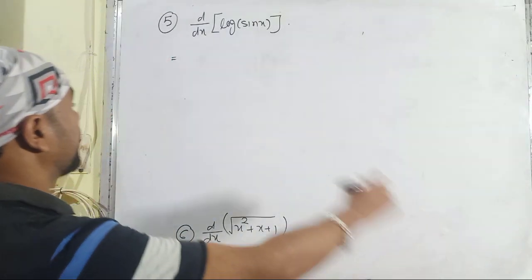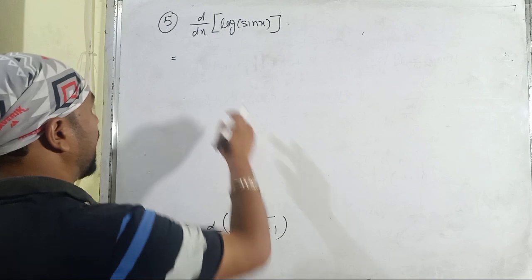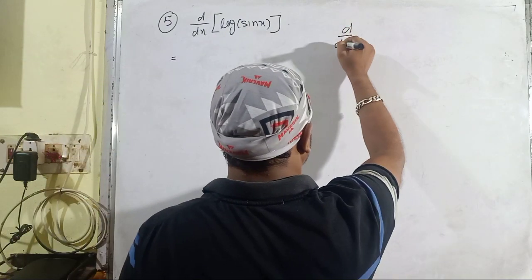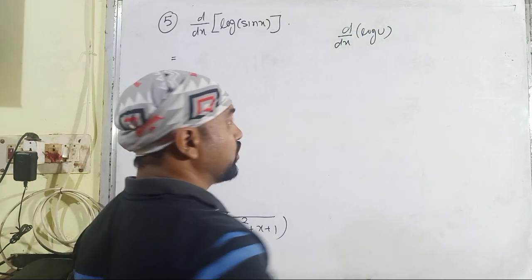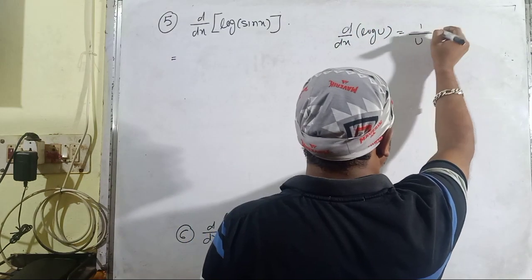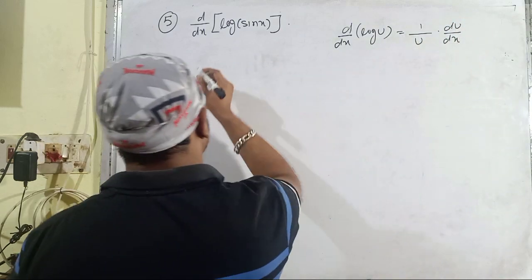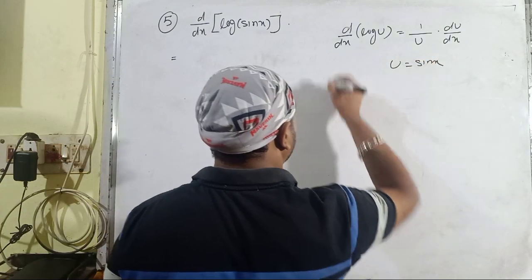So here is question number 5, and here we have to differentiate log sin x with respect to x, and it is again a composite function. Differentiation of log u, where u is a function in terms of x, is 1 upon u multiplied with the differentiation of u with respect to x, and here u is equal to sin x.